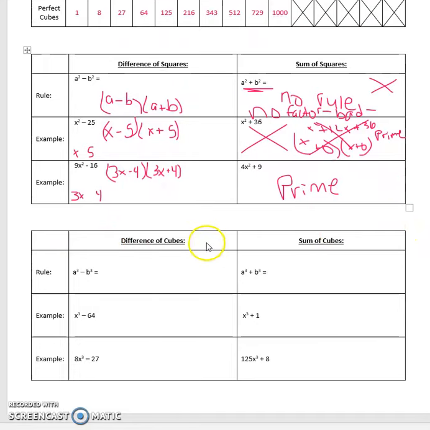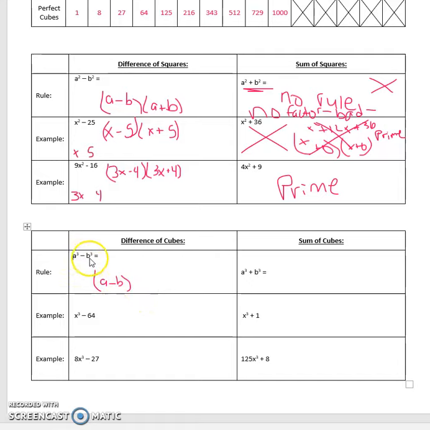Now, difference of cubes. Cubes is a little different because you have to pull something out. So you're going to have a minus b. Let me write it up here because I know it's going to fall down. Sorry, this is so frustrating. Okay, so this is the same.